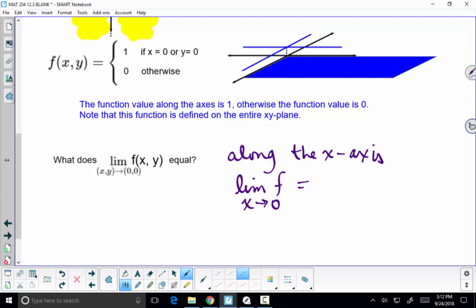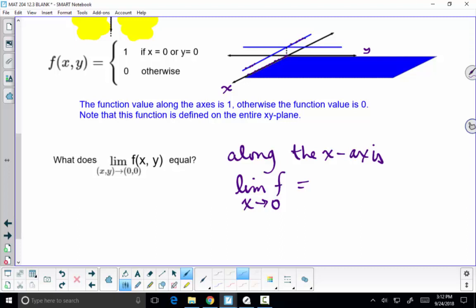If we're just coming along the x-axis, what does that limit have to be? If we're on the x-axis, all the function values are 1, right? And they're not changing. As we're moving along the x-axis here, all the function values are 1. As we get closer and closer to the origin, the function values are still 1. If we go over to the negative x-axis back there, all the function values are 1.